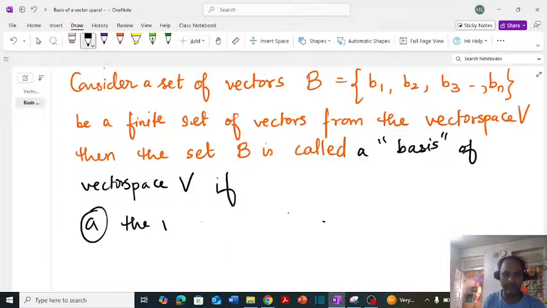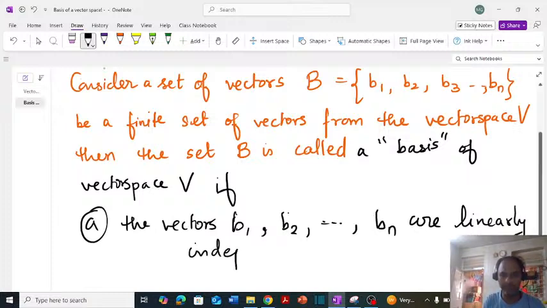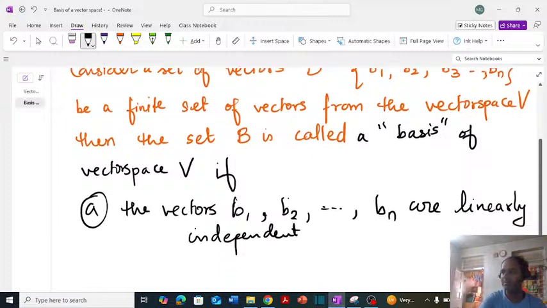So the vectors B1, B2, up to Bn are linearly independent. This is the first thing.